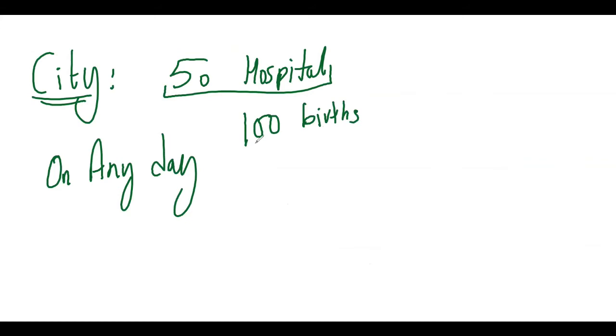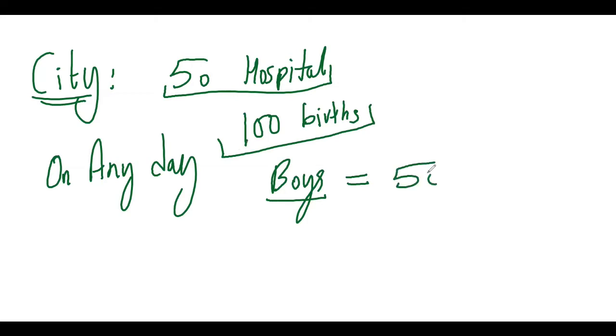So now I am asking you, out of these 100 births, how many boys should be there? You can say that if the 100 births are there, the number of boys should be 50. But this figure is the expected figure.